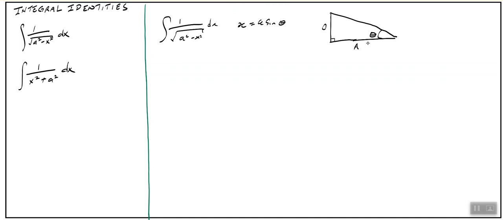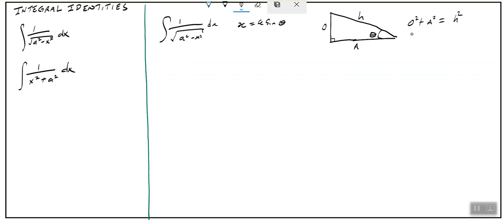This is our adjacent side, and this is the hypotenuse. We all know that the sum of the squares of the opposite and adjacent sides of a triangle is equal to the hypotenuse squared. Now, looking at what we have here, we have the square root of a squared minus x squared. We want this to look like this.